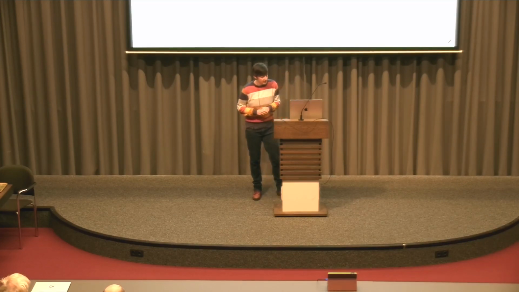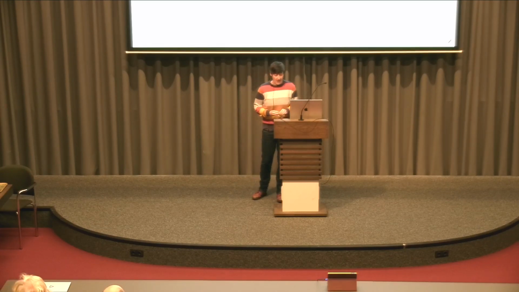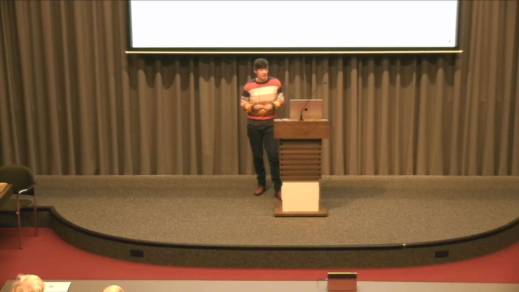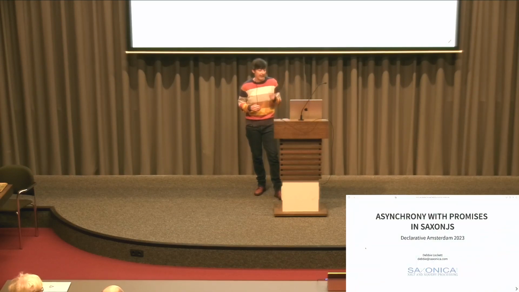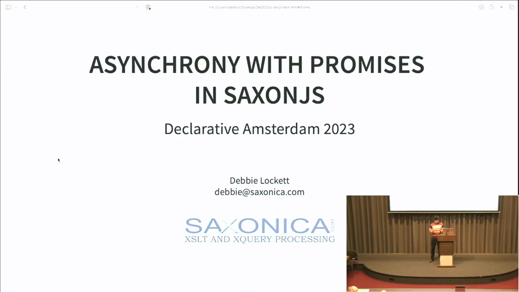So for the next major release of SaxonJS, we've been working on various developments and new features. And in this presentation, I'm going to focus on just one area of work, which is asynchronous processes, or handling asynchronous processing. Internally, we've made various changes.